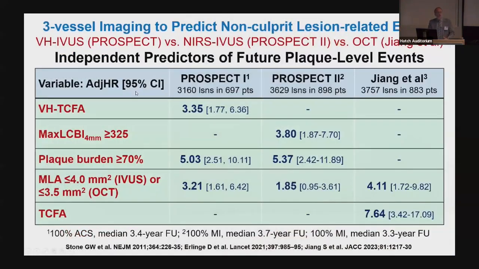So if you look at the 3 studies that have been done that looked at 3-vessel intravascular imaging, PROSPECT with radiofrequency IVUS, PROSPECT 2 with NIRS IVUS, and then the study recently published in JACC by Jiang with OCT, you can see that by multivariable analysis, the morphologic characteristics of these so-called thin cap fibroatheromas are the ones that, with an independent risk of around 3 to 5 times, put a patient at risk for future lesion-related events coming from that specific lesion.